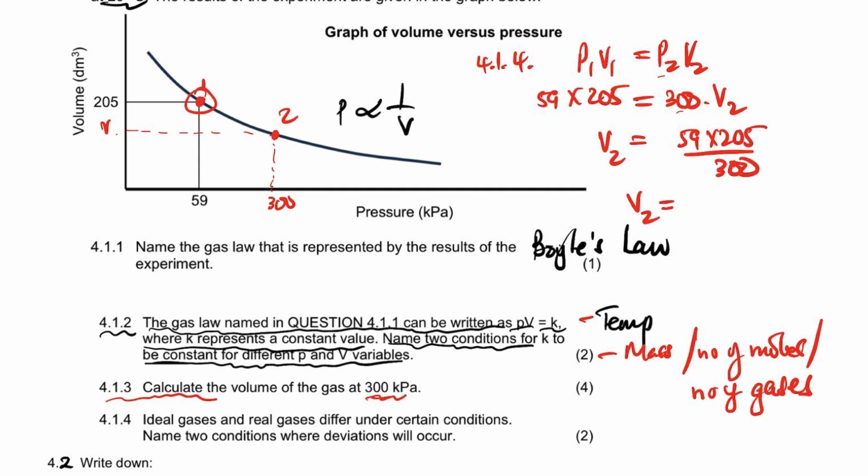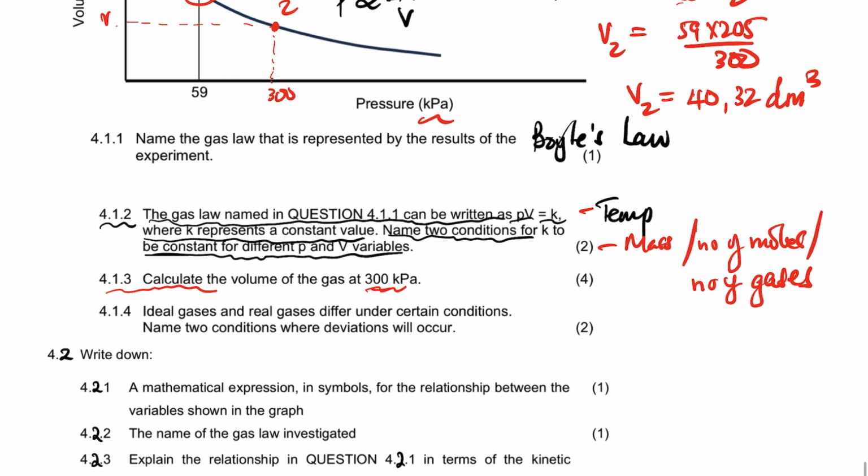The answer is going to be a lower volume, 40.32. The answer is in dm3 because we're given dm3. If it was the pressure, it would be kilopascals. Let's go to the next question, the last one.